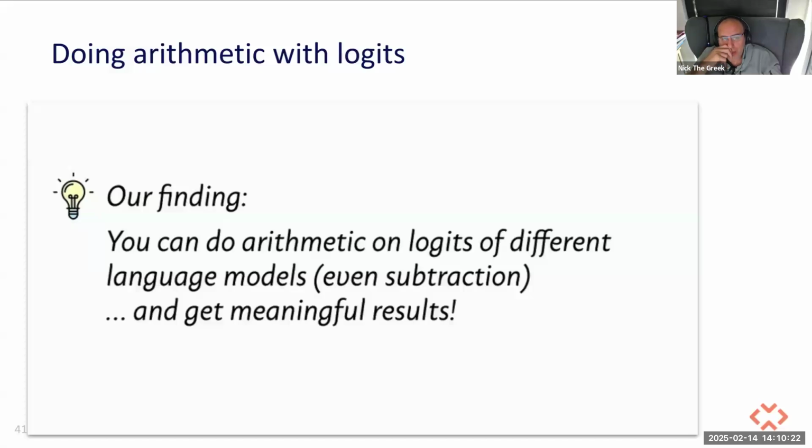In short, we talked last time about how we can do arithmetic with embeddings. We can add them, subtract them, and it's a kind of semantic equivalence. And it turns out you can do algebra with logits, not just with vectors, but with logit vectors.